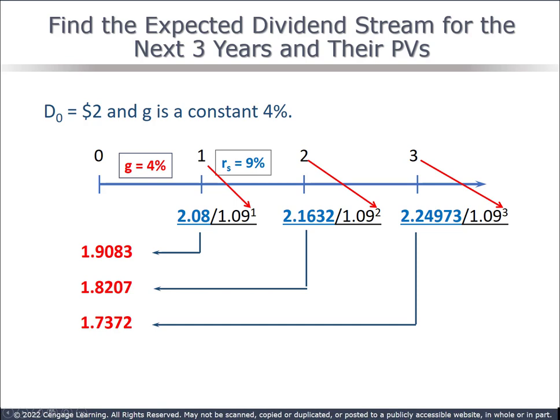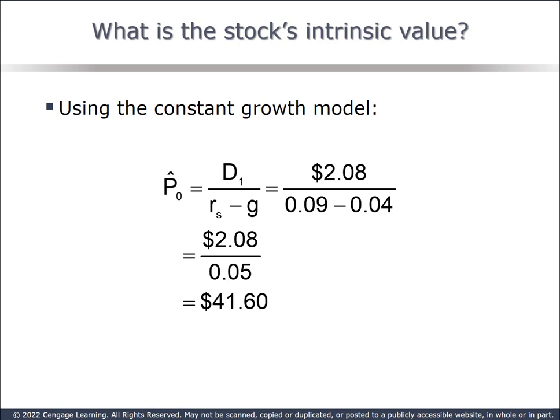So D1 is that discounted back to time zero, $2.08 divided by 1.09. D2 is 2.1632 divided by 1.09 squared, etc. Using the constant growth model, we only need D1, G, and RS to find the price at time zero, $41.60.